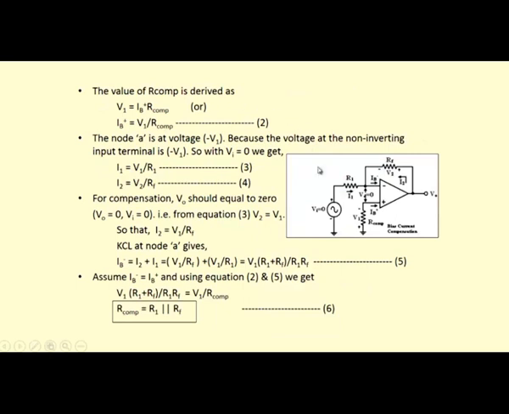So, the value of R compensation is derived as follows. We have seen that V1 is equal to IB plus into R compensation. From this, IB plus is given as V1 by R compensation. The node A is at voltage minus V1.